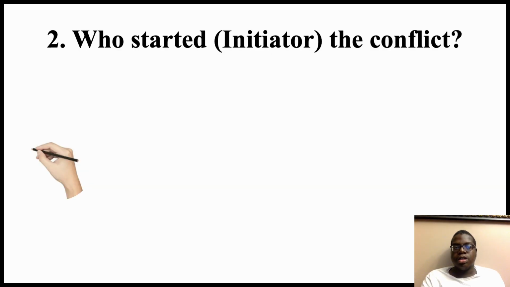Read the question. Question 2. Who started the conflict? What happened when things went wrong? Who caused that to happen? This is initiator. The boy who walked past the girl outside. Now write the answer.